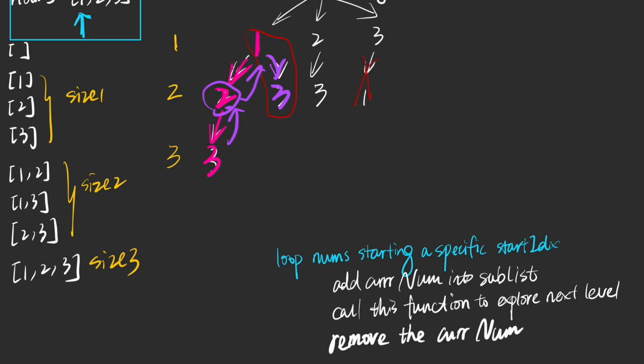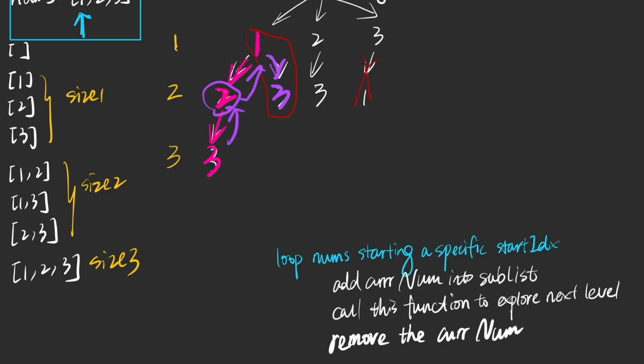After we remove the current number, we can continue the loop to the next number, which is 3.